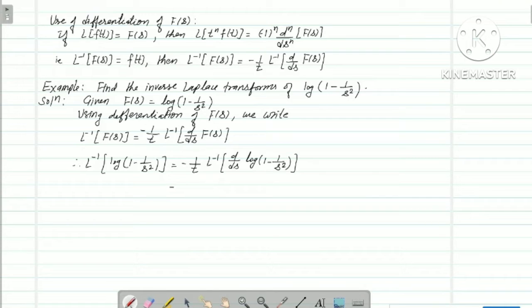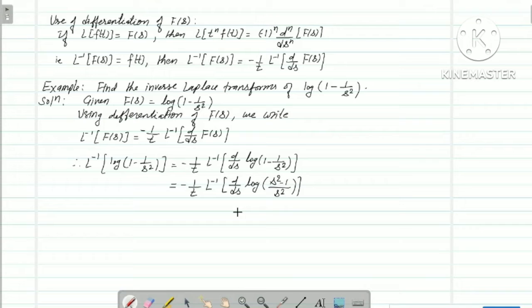Okay, so this can be written as negative of 1 upon t L inverse d by ds. Before taking the derivative of this function, we first simplify the function, then apply the derivative. So cross multiplying, you will get s square minus 1 divided by s square.